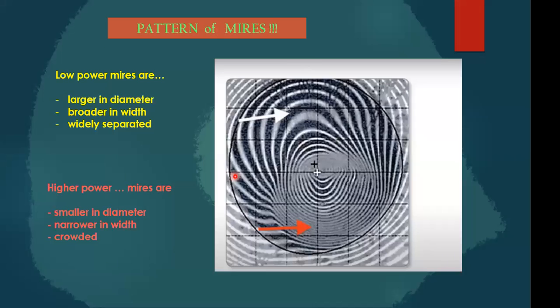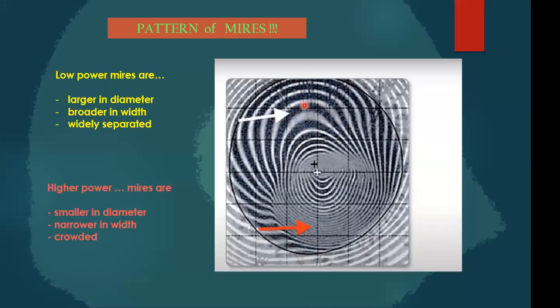Coming to how an abnormal topography on the Placido map would look. If you can see, this is a totally irregular Placido based map. These mires are farther apart, they are larger in diameter, and they are broader in width. So this is an area which is suggestive of a lower power. Lower power means a flatter keratometry or a flatter K reading.